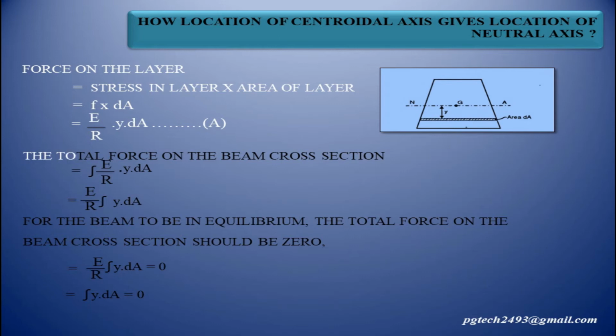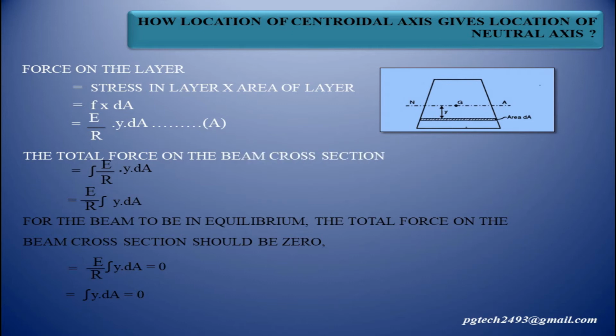So the total force on the beam cross section, for that we have to integrate that equation. So we integrate E by R into y dA. In this equation E and R are constant, so they come out of the integration. So we get E by R times integration of y dA.